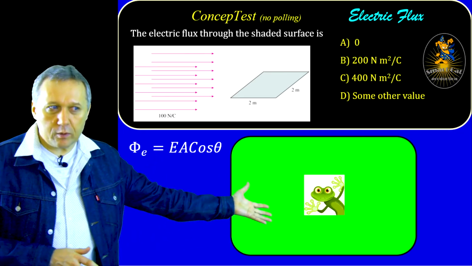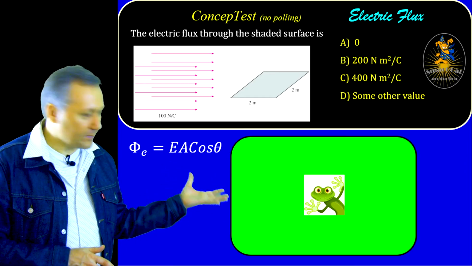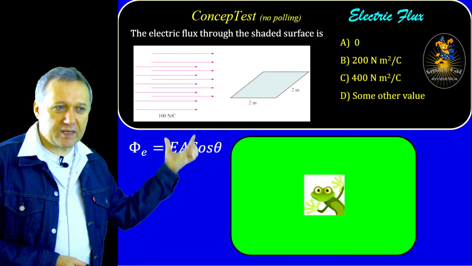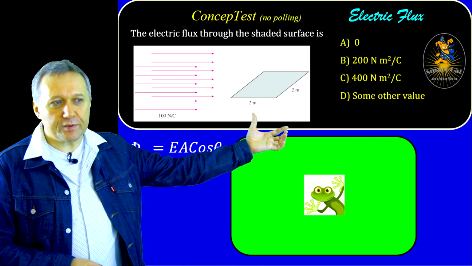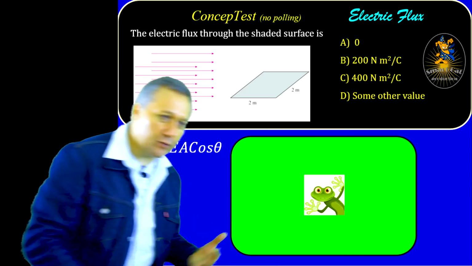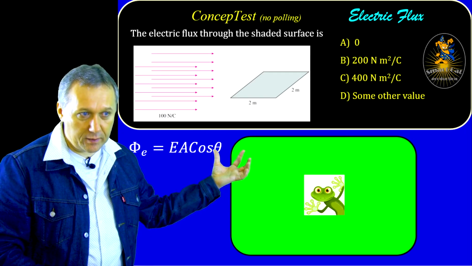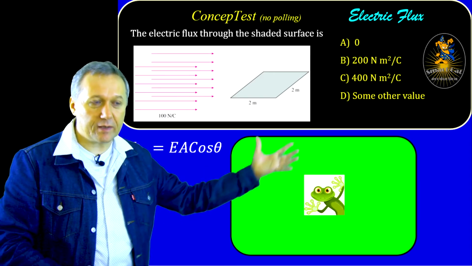But of course, now we need to grab this formula and confirm that result. Okay, so again, E times A will be exactly the same because we're dealing with the same electric field and the surface is the same, but the orientation of the surface now is different. So as a result, the angle is different. And now the correct angle, again, is the angle between the area vector and the electric field.